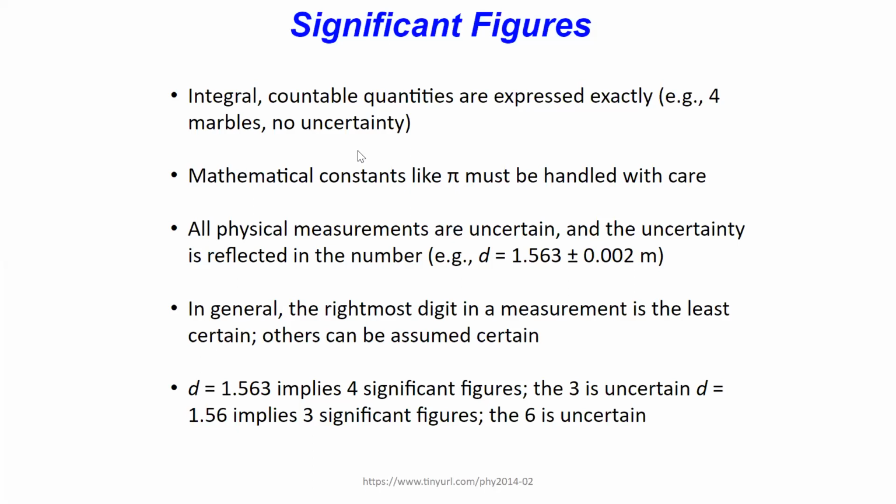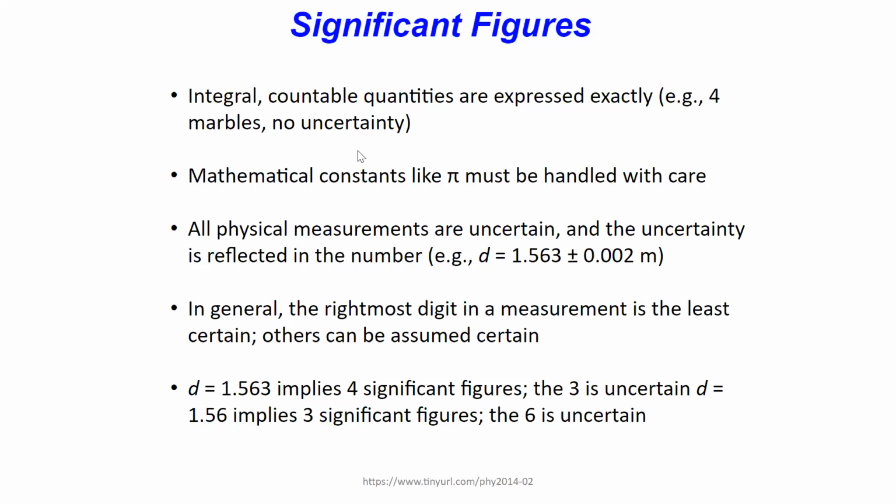Physical measurements, then you need to keep up to the uncertain digit. Okay, so this is the uncertain digit. Those 3 digits are certain, right? You are sure it's 1.56, and then 3 is your estimation. It could be 4, could be 5, could be 2, could be 1, because the uncertainty is 0.002. So it has a range from 1.561 to 1.565.